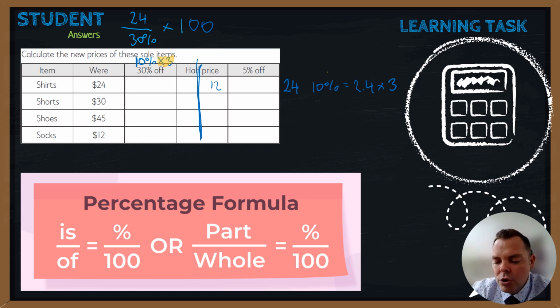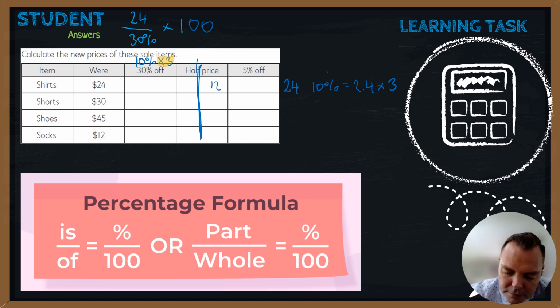So 2.4 times 3 is, what I do is I go 2.4 plus 2.4 is $4.80, and then another $2.40 is $7.20.